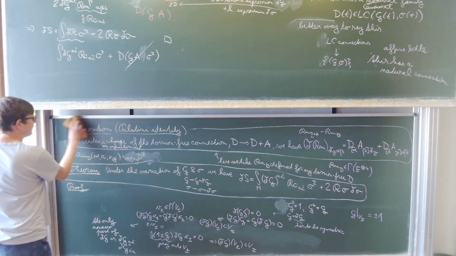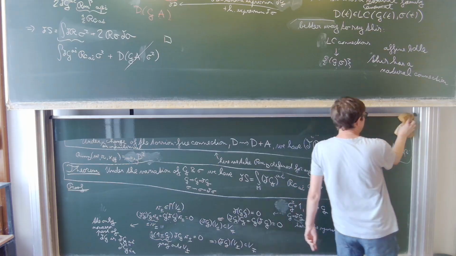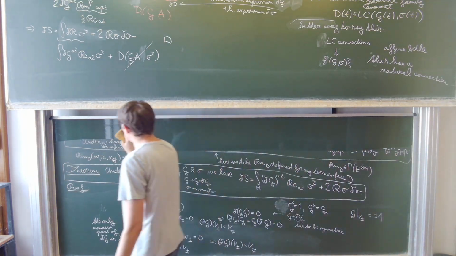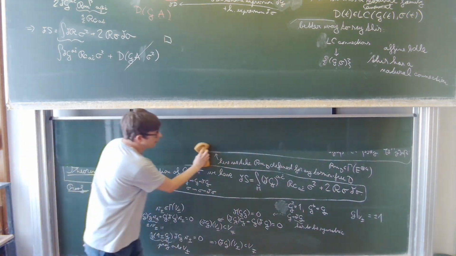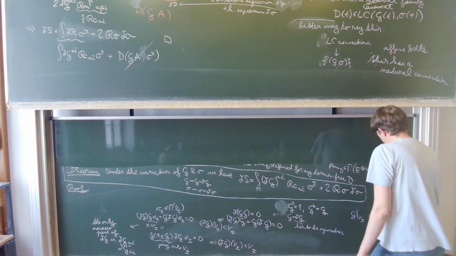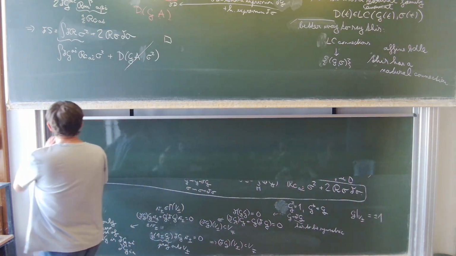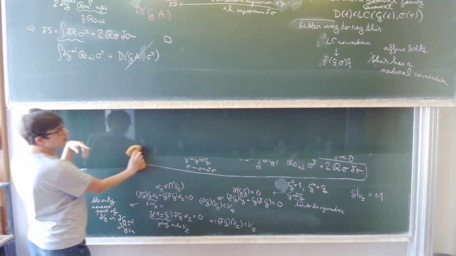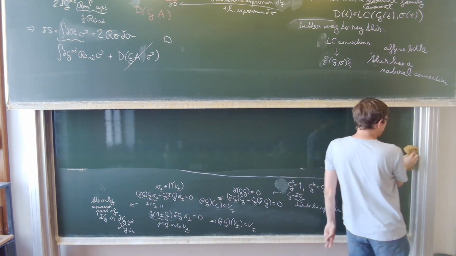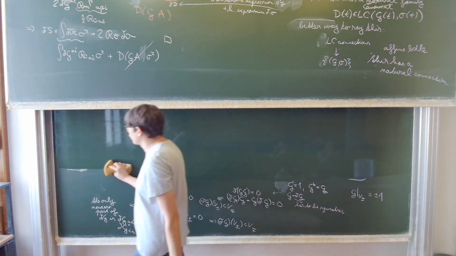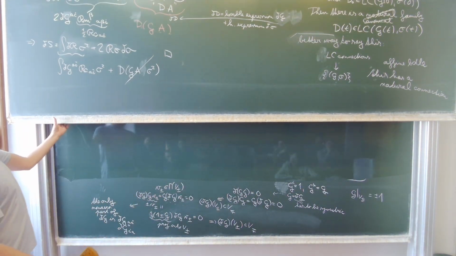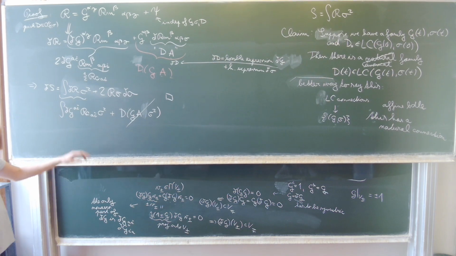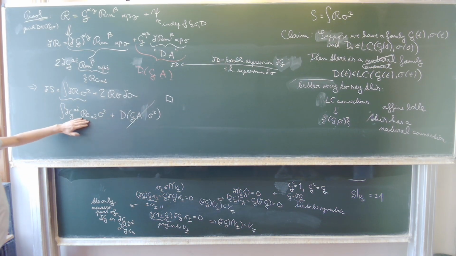Okay, and now we can even go beyond. One thing that this shows us is that in particular we know what the critical points of the Einstein-Hilbert functional are here. Well, the formula for delta S is this plus this.